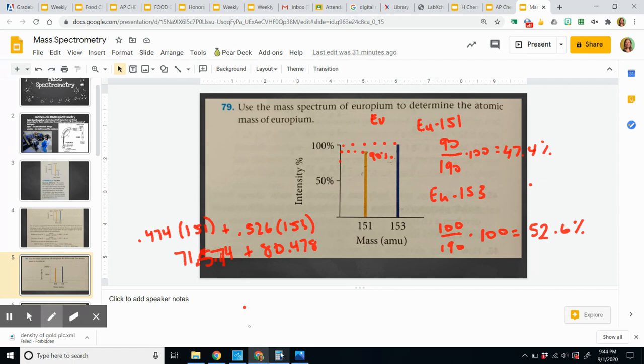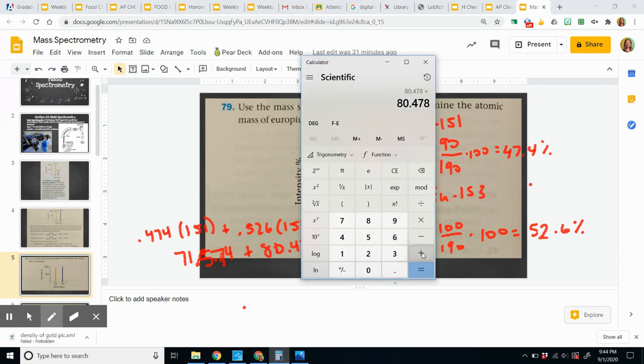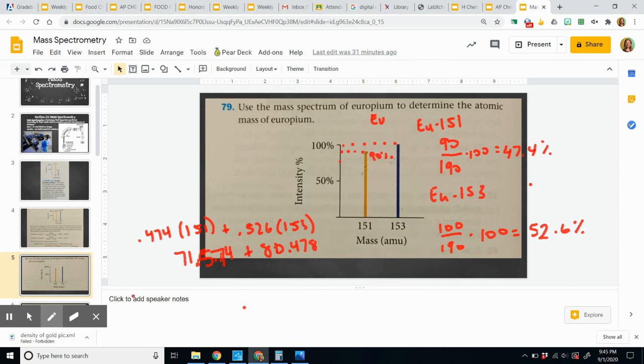Okay, then last but not least, let's add those two together, plus 71.574 equals 152.05. So this is going to be our average mass for europium, 152.05 AMU.